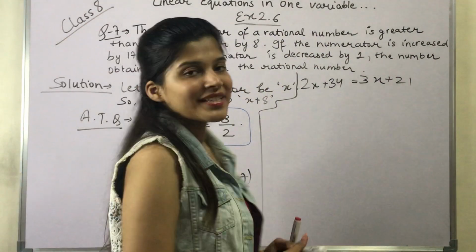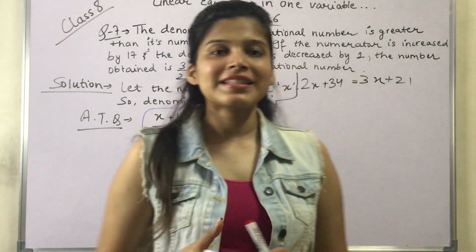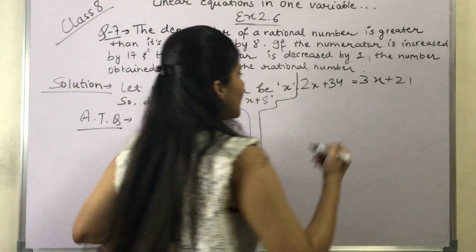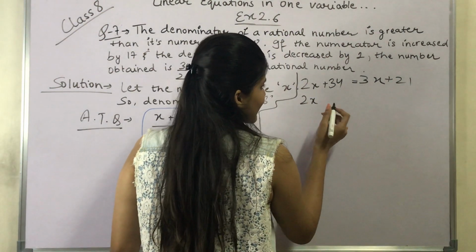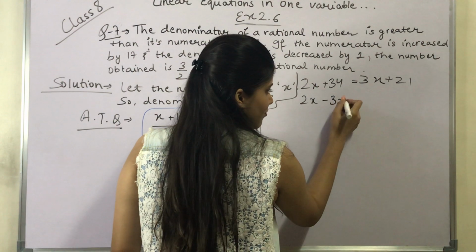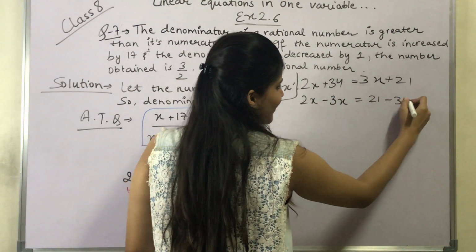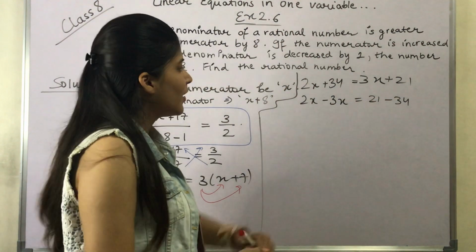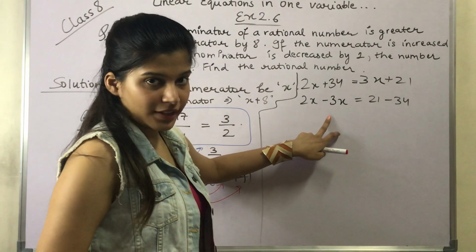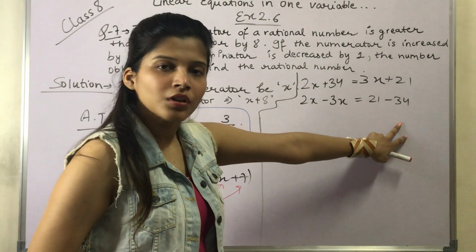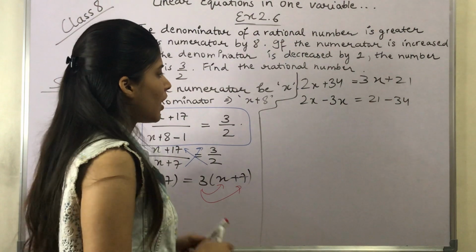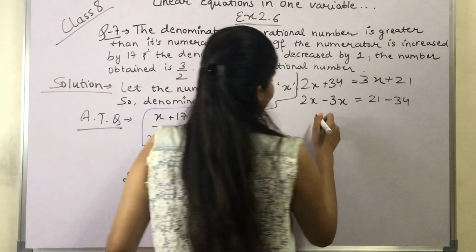Now we will take the variable terms on one side and the constant terms on the other side. So 2x minus 3x हो जाएगा equals to 21 minus 34. Okay, हमने 3x को इधर शिफ्ट कर दिया and 34 को RHS में शिफ्ट कर दिया. Now 2x minus 3x is minus 1x.